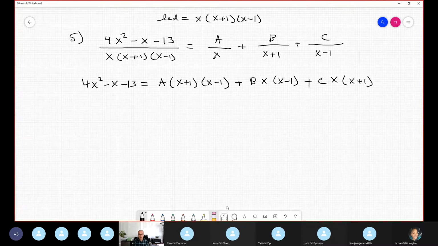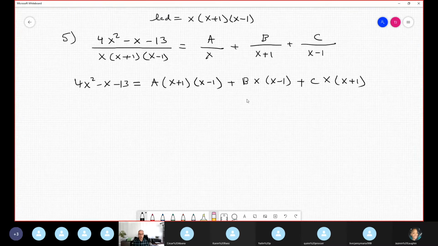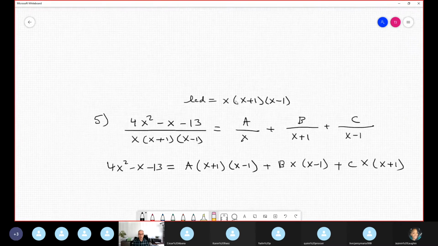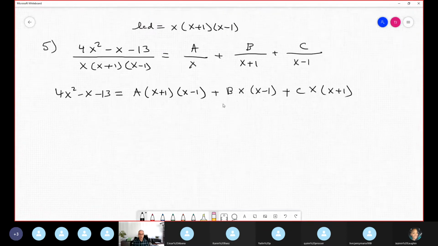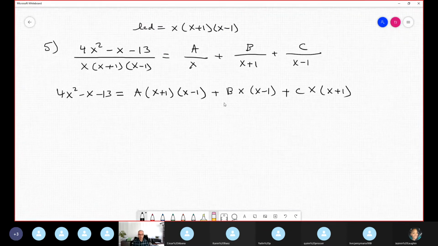So this is an equivalent expression to the original. However, we have no fractions anymore. This is the magic of multiplication by the LCD.